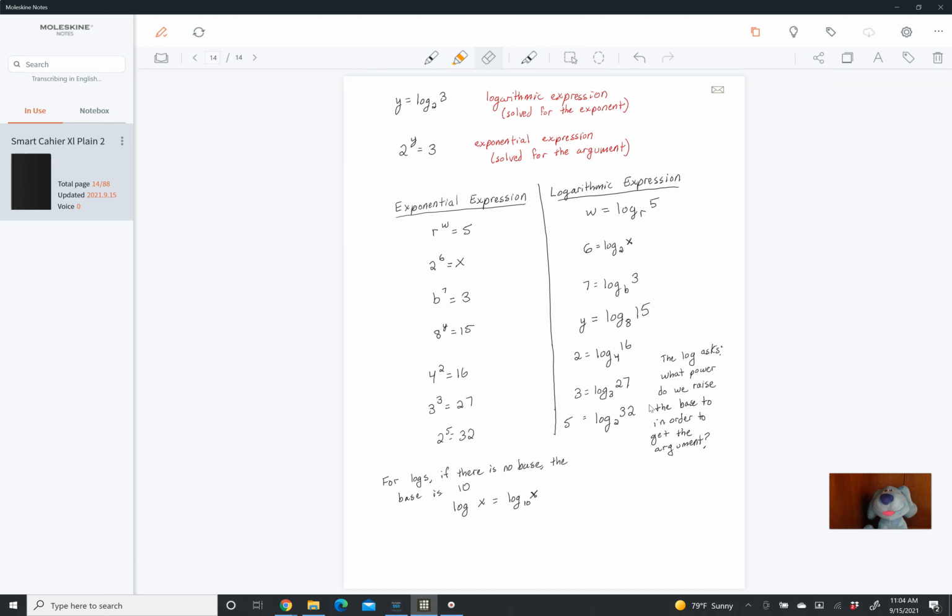Now the thing is that there's another really common base, okay? But if we don't put the base for that other really common base, then we would be confused. So the other really common base is e. So if you remember when we talked about exponential functions, we said e to the x is the natural exponential function.